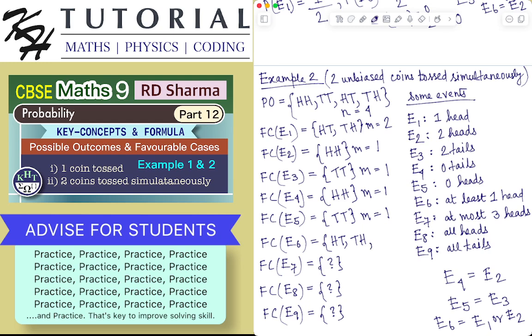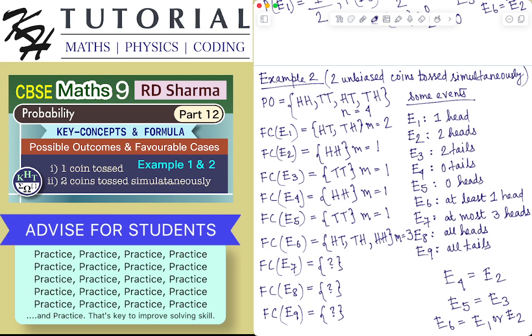It is head head. So we see for the event E6 there are 3 possible outcomes which are satisfying the condition of E6, and clearly we see that m is equal to 3.